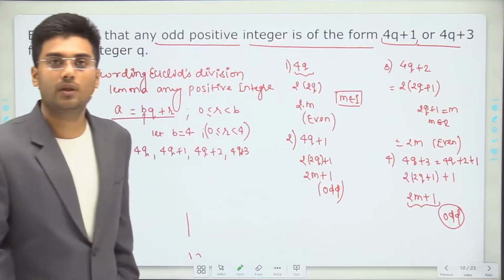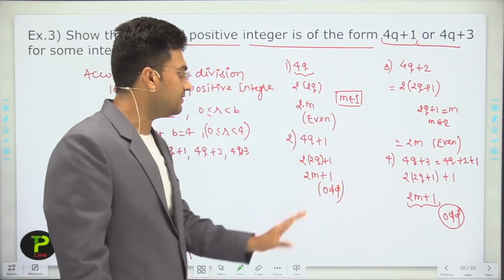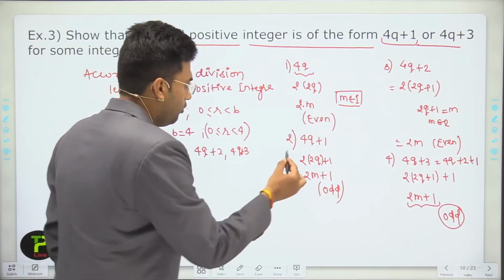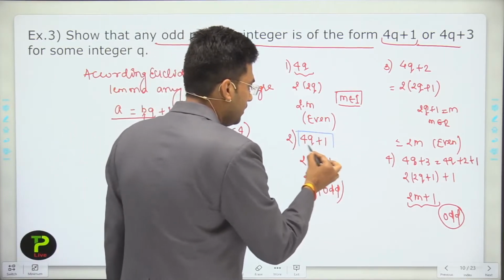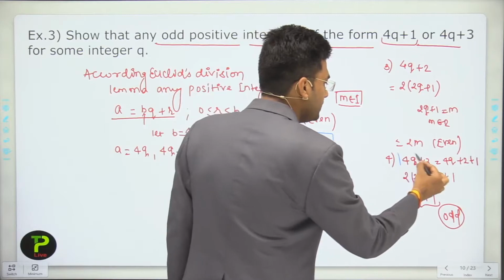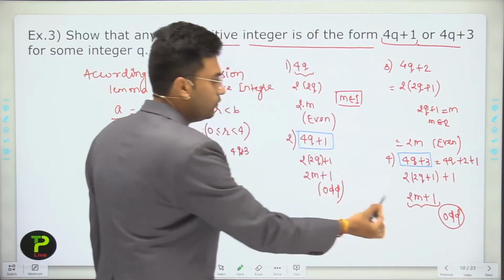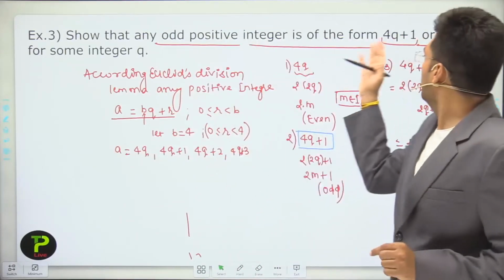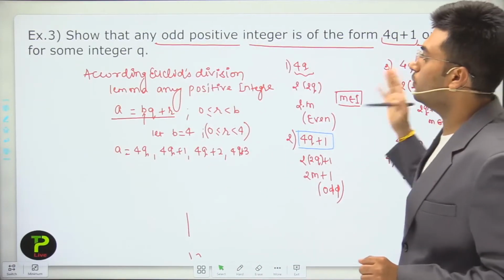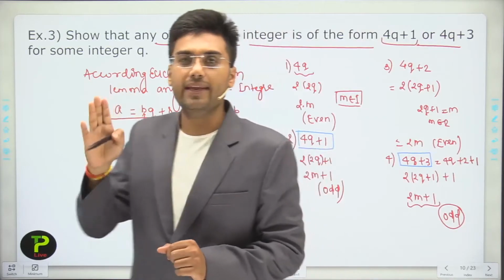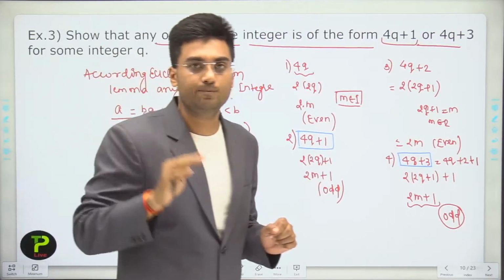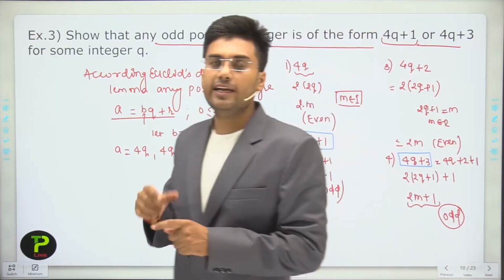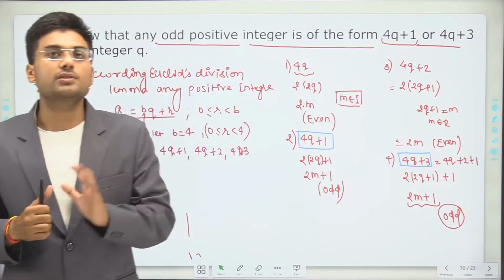Clear? Now if we observe that 4q plus 1 and 4q plus 3 are the forms of odd numbers, this shows that 4q plus 1 or 4q plus 3 is the form of any odd positive integer. Clear? Now dear students, this result can be used in objective questions directly.